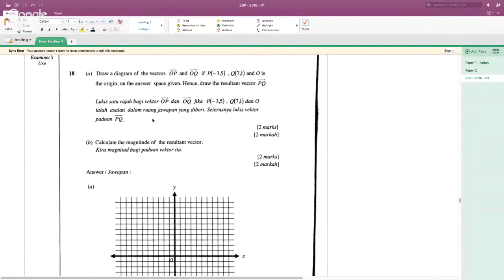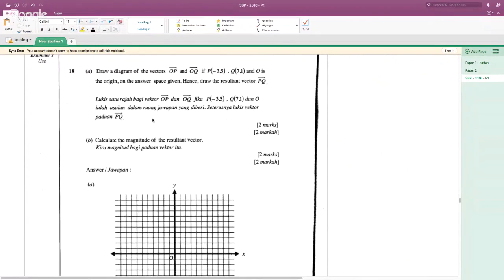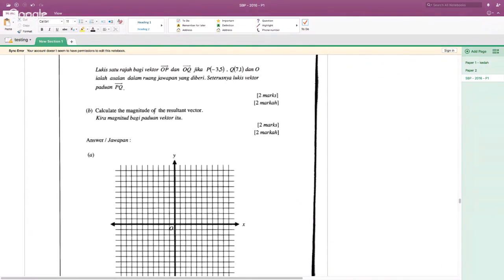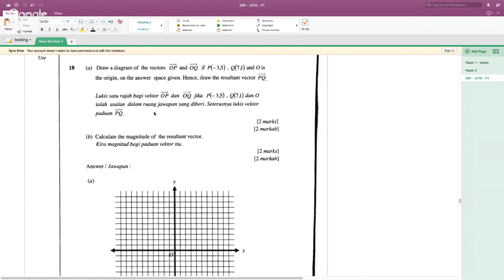Draw the diagram of vectors OP and OQ. If P equals (-3, 5), we actually have to give the units ourselves, and we have to draw OP and OQ, where O is the origin. The answer space is given, hence draw the resultant vector.